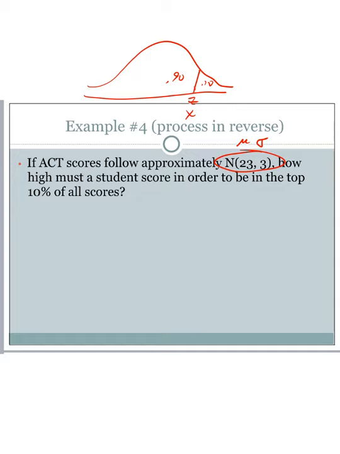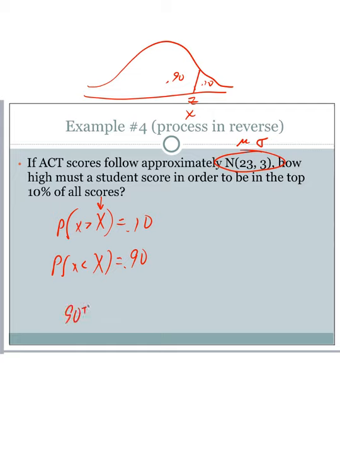The way this would be written is the probability that our value is, we're trying to find this number here, is 0.10, which is also the same as saying the chance that we're less than that value is 0.90, which you don't need to write, but that's just a follow-up there.